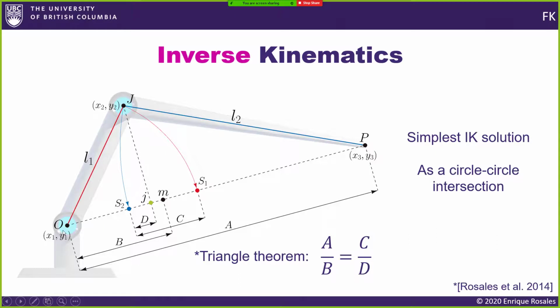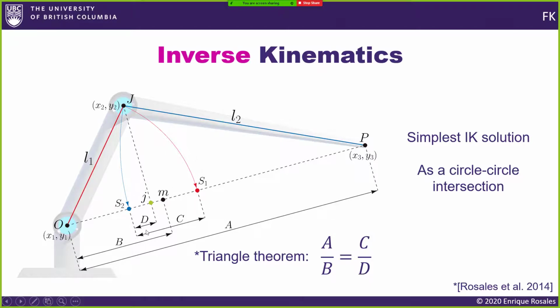Remember, L1 represents a circle, so the distance between O and S1 is this radius, L1. It's the intersection between this circle and this line. S2 is the intersection between the other circle and this line. And M is just the middle point between S1 and S2. So the distance C is the distance between S1 and S2.